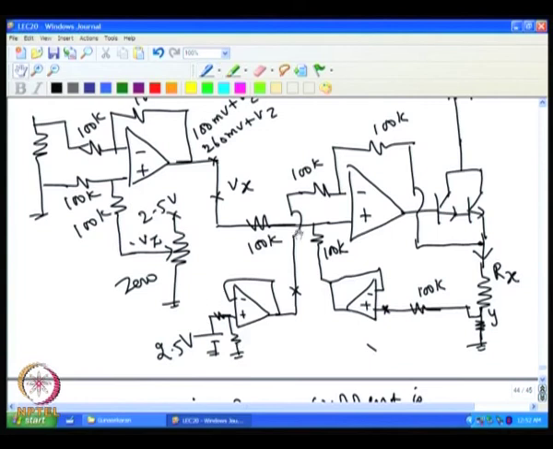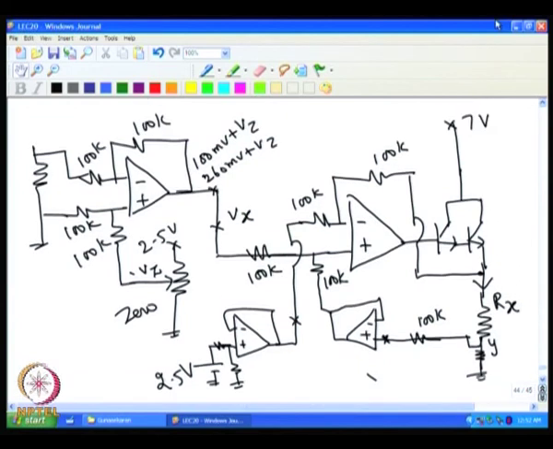By adding additional voltage at this point, we can take care of this extra 100 millivolt or this Vz, whatever is there, because most of the op amps may not go down to 100 millivolt. So, it is also essential to add this Vz at this point, so that the minimum voltage requirement is taken care of. So, this arrangement works all right.